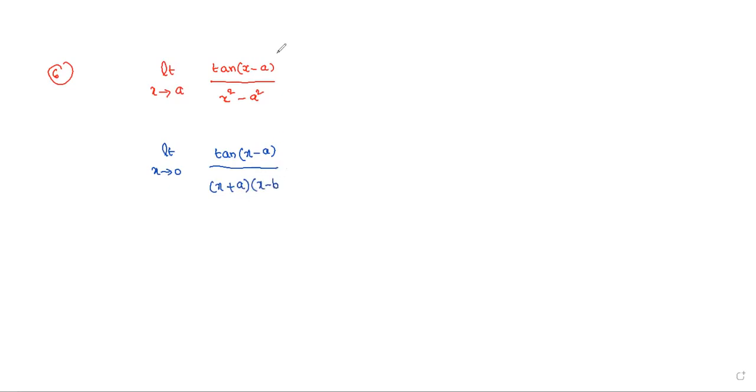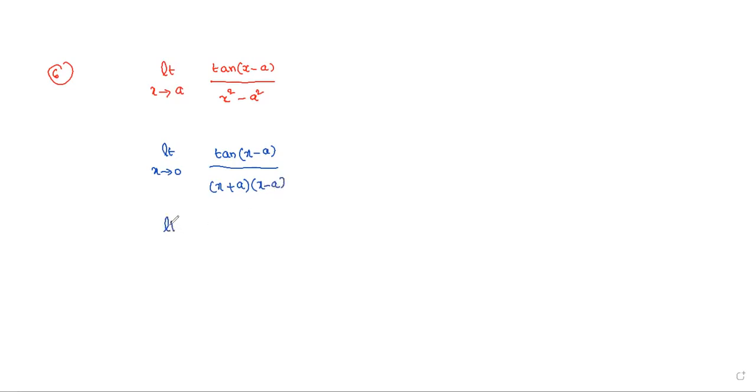Sixth question: limit x tends to a, tan of x minus a by x square minus a square. Same as usual, x square minus a square is x plus a into x minus a.